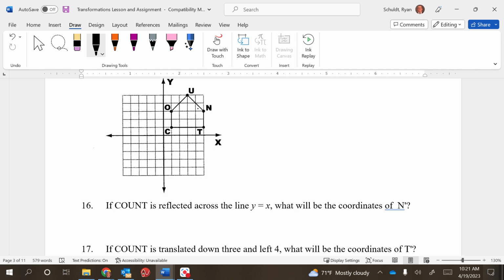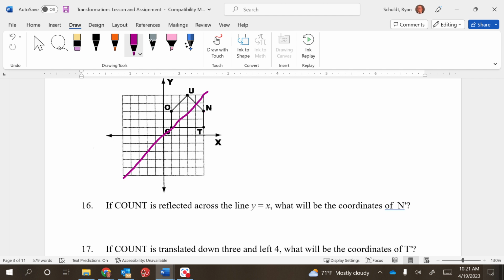Okay, if count is reflected across the line y equals x, what will the coordinates of N prime be? Well, let's draw the line y equals x in there. Okay, so we're going to take this and flip it over the line. C is kind of flipping around C basically.